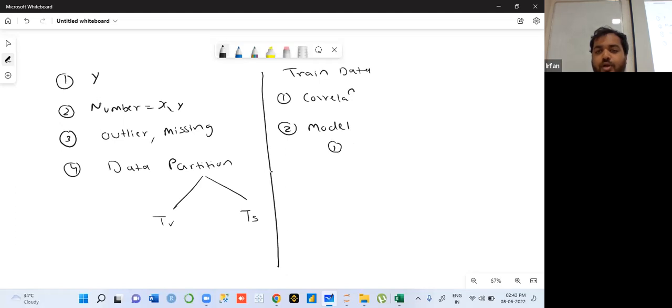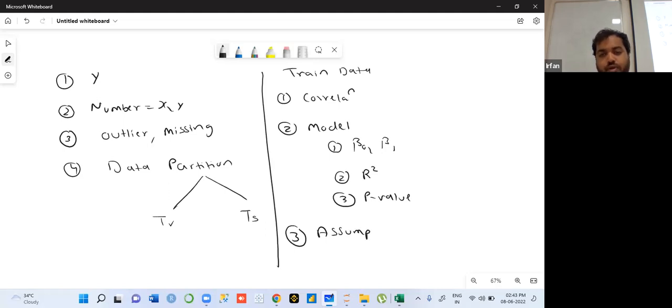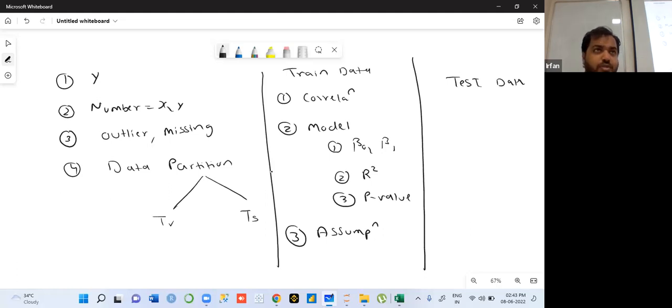Here we compute in the model beta naught, beta 1 value. We check the R square value. We check the P value. Correct? Everything is fine. Then we go for assumptions. If all assumptions are correct, then only we work on test data. If any of the steps is wrong in the train, you cannot go for test.